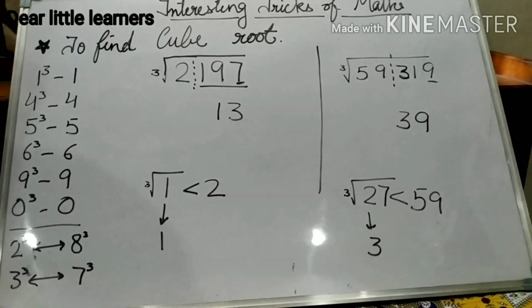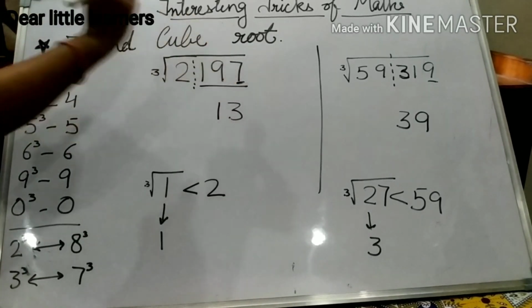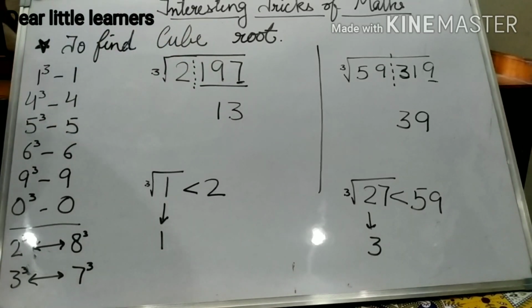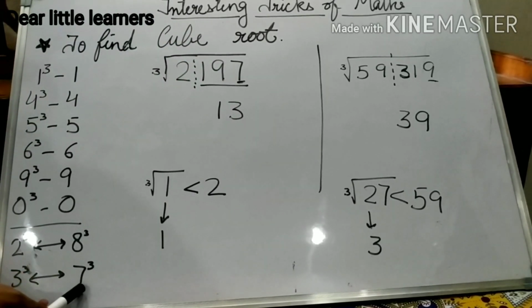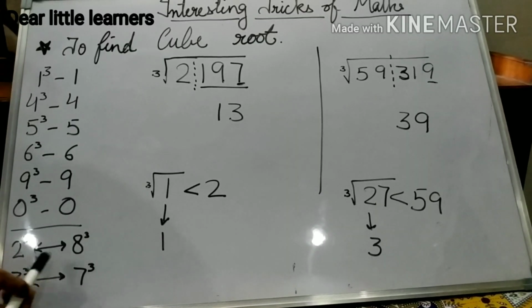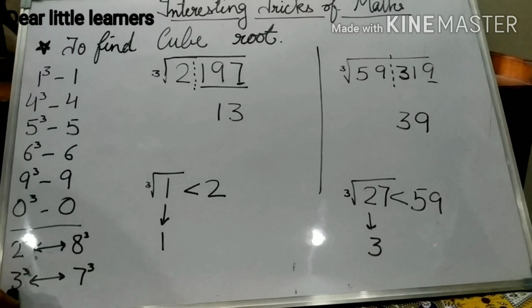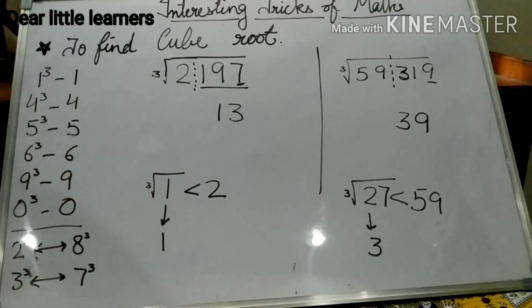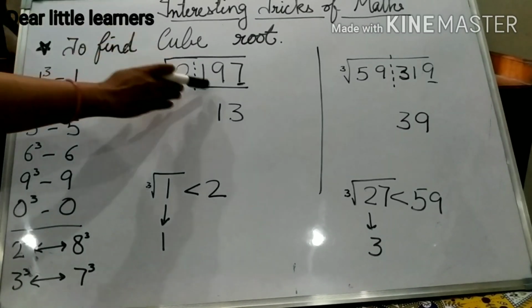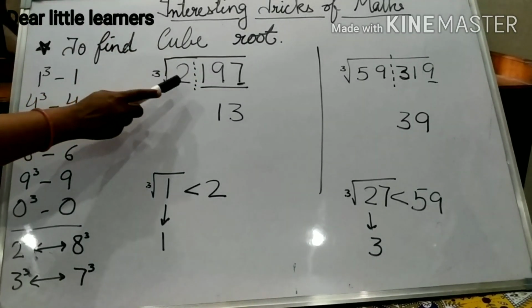Now the last digit is 7. As we have seen that 7 is coming at the last, we have understood that it must be the cube of 3. Yes, it must be the cube root 3, children. So 3 we have written at the last. Now this part is over. 2 is left only.